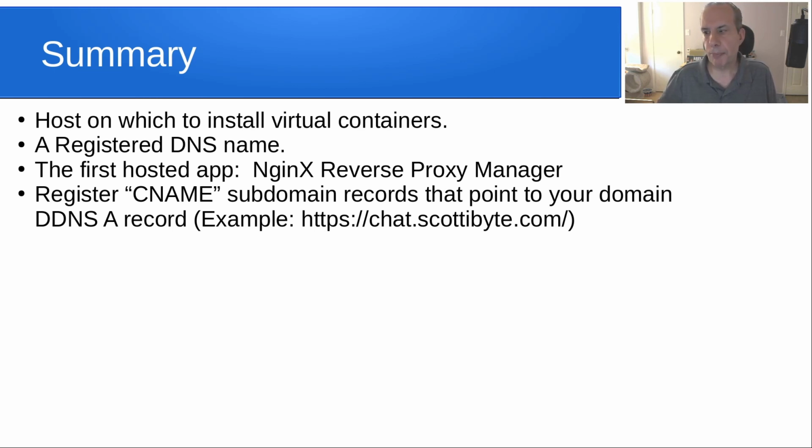For example, Scotti-BYTE.com is my domain, and that's also my DDNS A record. Chat.Scotti-BYTE.com is a CNAME record that points to the Scotti-BYTE.com DDNS record. So if my WAN address changes, chat.Scotti-BYTE.com will always know where it is. And that's really important for this to work.